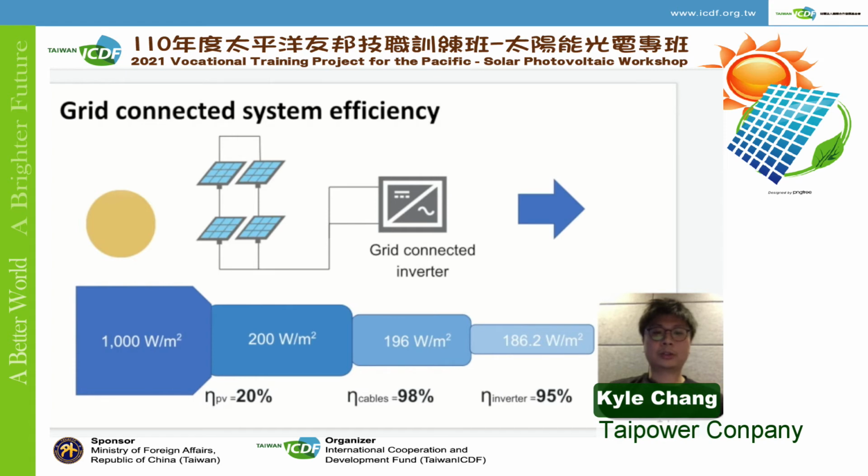To find the overall system efficiency, we need to multiply the efficiency at each stage. Let's assume the solar irradiance is 1000 watt per meter squared. The PV array is 20% efficient. Therefore, the power density output of a PV array is 200 watt per meter squared.